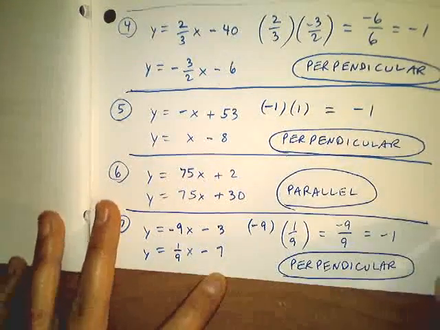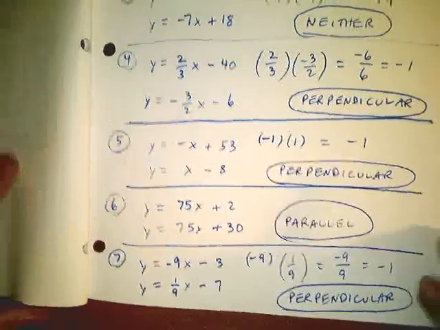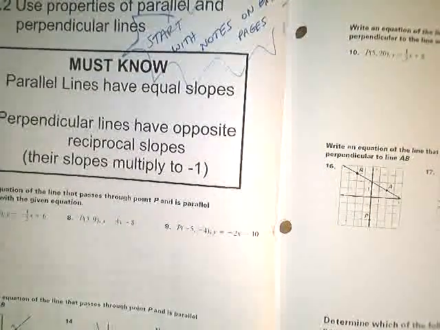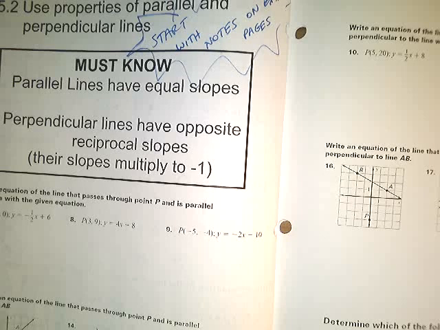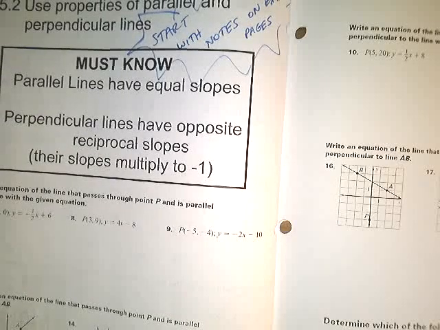Okay, so a lot of the C-level part of the quiz is going to be like this. The other part is they're going to give you 2 points, and they want you to find the slope. And if those two slopes match, then those lines are parallel, and if they don't match, then they're not. So let's see.